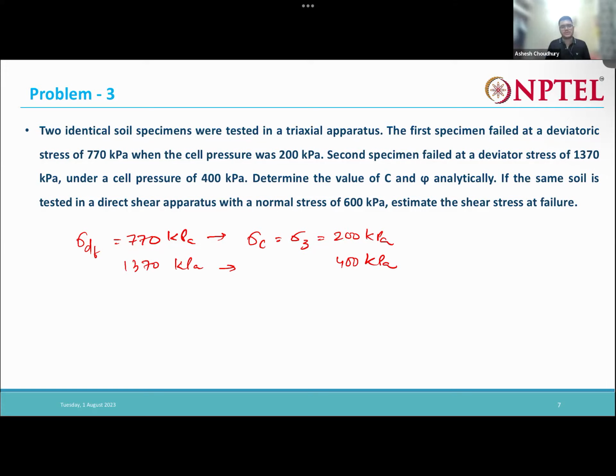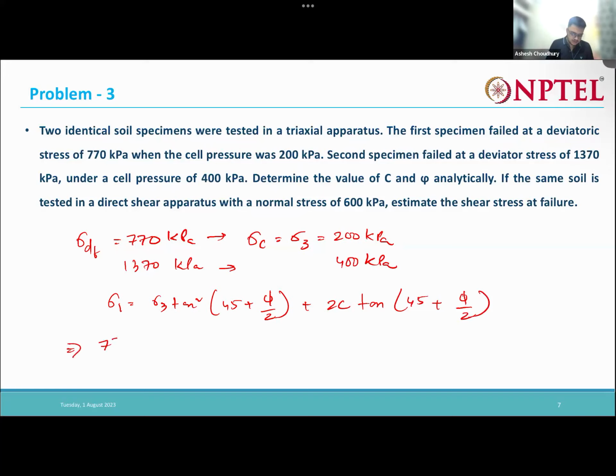So we will be using the same basic equation, and we will be getting two equations, and we can solve two unknowns from two equations to get our C and phi, right? So sigma 1 is equal to sigma 3 tan square (45 plus phi by 2) plus 2c tan (45 plus phi by 2). Sigma 1 is 770 plus 200.